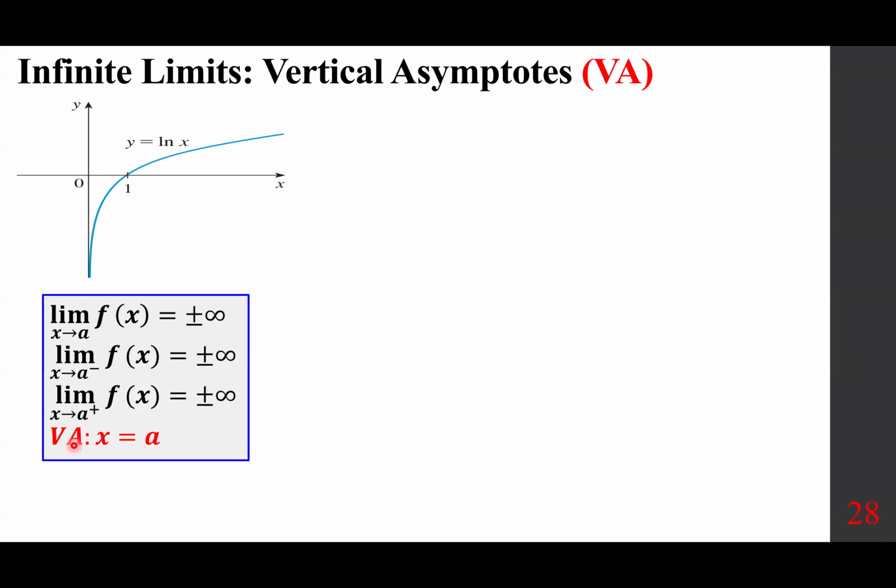You are familiar with the natural log, or in general logs when the base is larger than 1, looking like that with the x-intercept at (1, 0). The domain is 0 to infinity, and the limit of ln x as x approaches 0 from the right is negative infinity, which means the y-axis, which has the equation x equals 0, is the vertical asymptote.